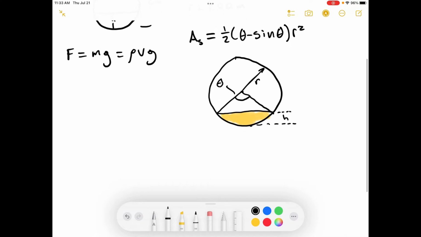Let's examine our drawing here and see what theta equals in terms of r and h. Okay, so we know that the cosine of theta over 2, in the blue triangle, is equal to the adjacent, which is r minus h, over the hypotenuse, which is r.